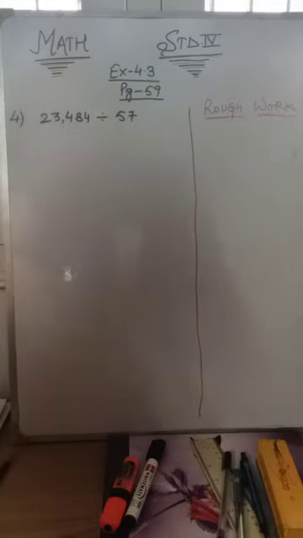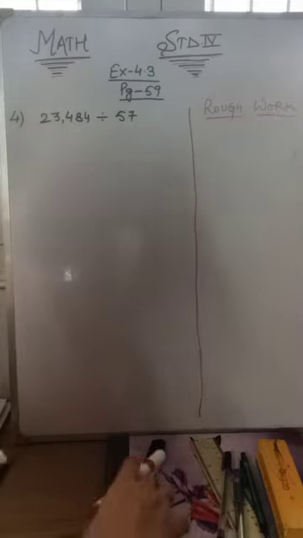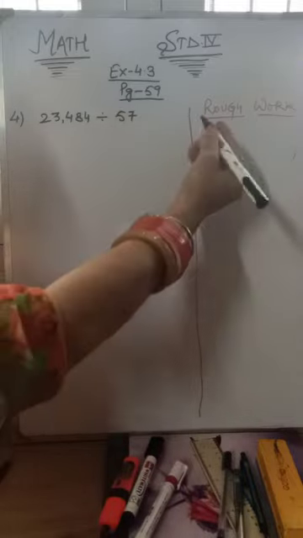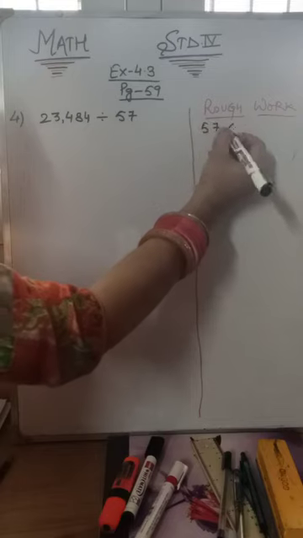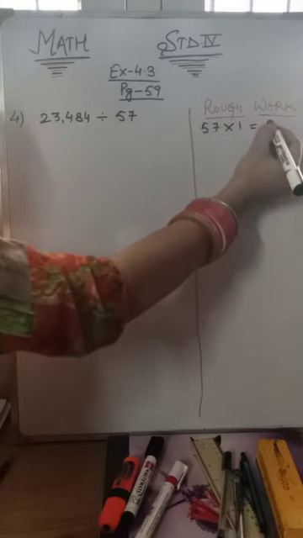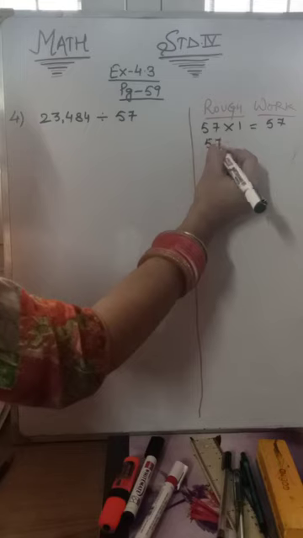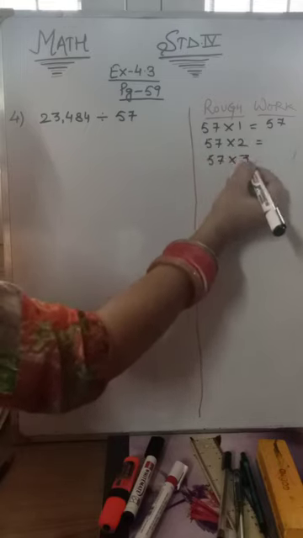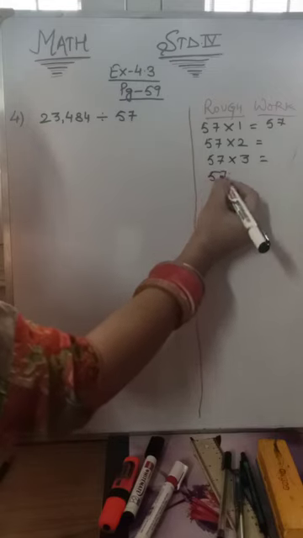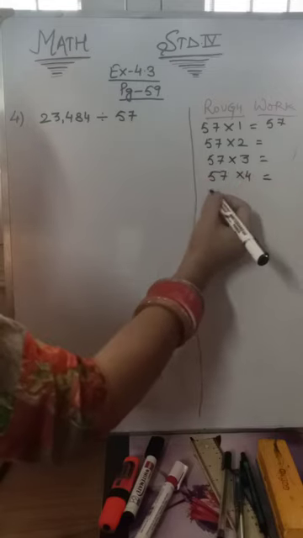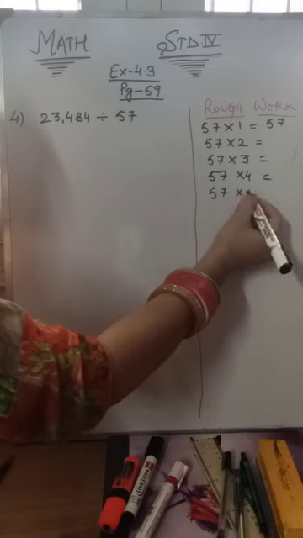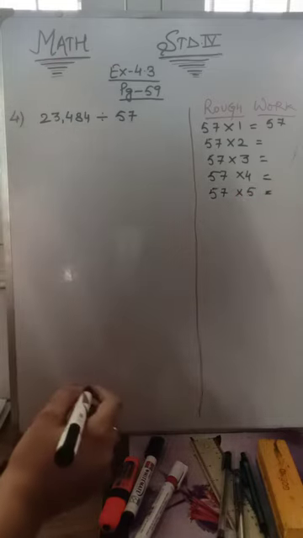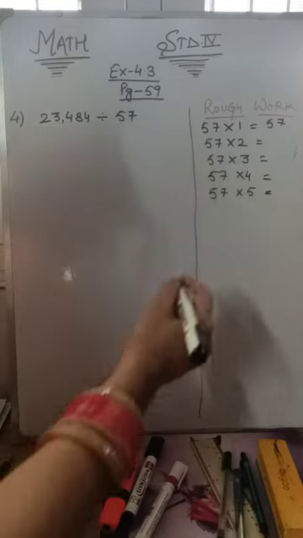In this margin we will write our table, that is for 57. 57 ones are 57, 57 twos are, 57 threes are, 57 fours are, 57 fives are. So first of all we'll write the table till 5. Let's start.